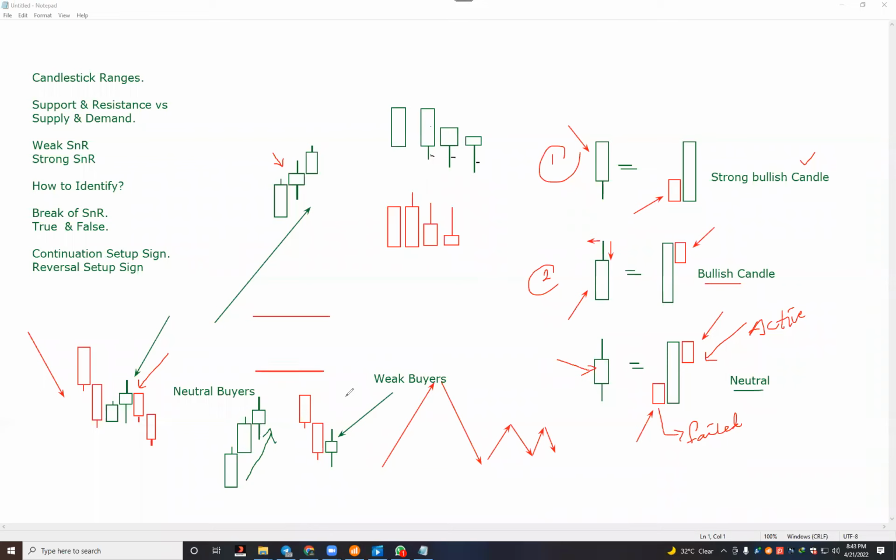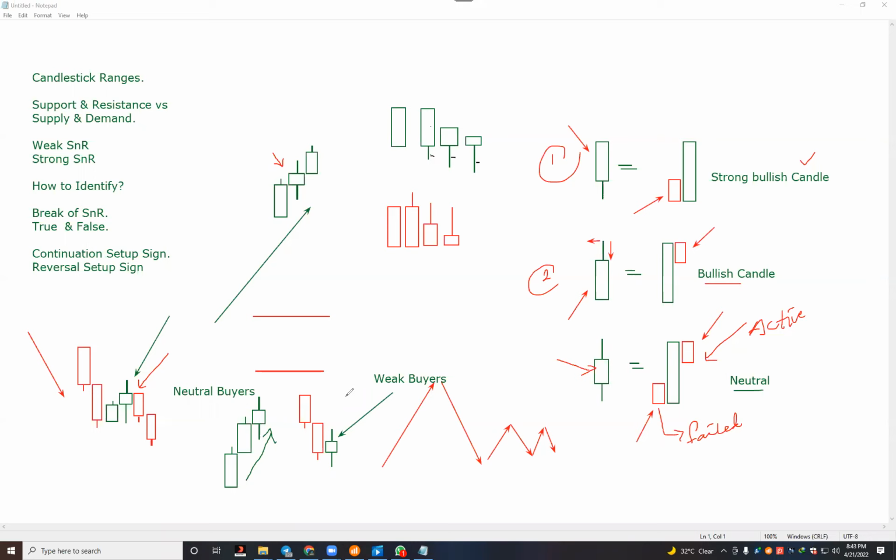Okay, when I give you any strategy or setup, you ask me, sir, will this strategy work in a trend or in a ranging market? If the strategy is a trend strategy, it will never work in a ranging market. If it's a ranging market strategy, it will never work in a trend.